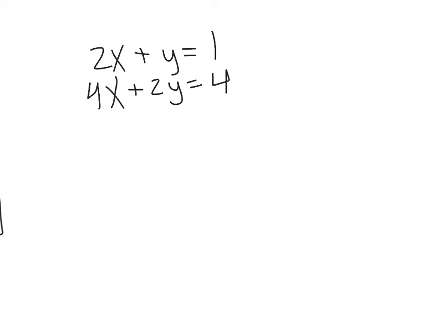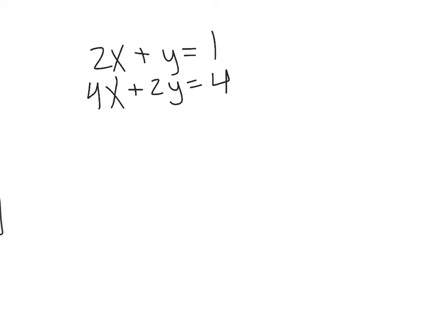All right, when I look at this one, I'm going to use elimination again. My y on top, if we look here, if I were to multiply the top equation by 2, I could have 2y on the top and the bottom, and I could get those to cancel out.